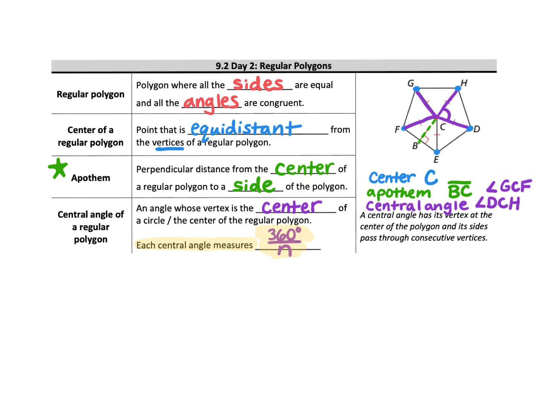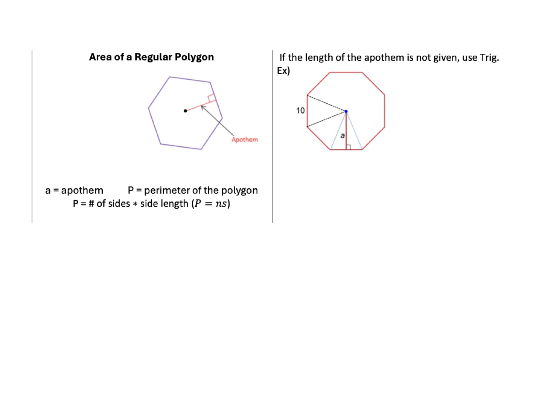So now that we have that vocabulary, let's look at the formula for the area of a regular polygon. The formula is area equals 1/2 AP, where the lowercase a stands for the apothem and the uppercase P stands for the perimeter of the polygon.